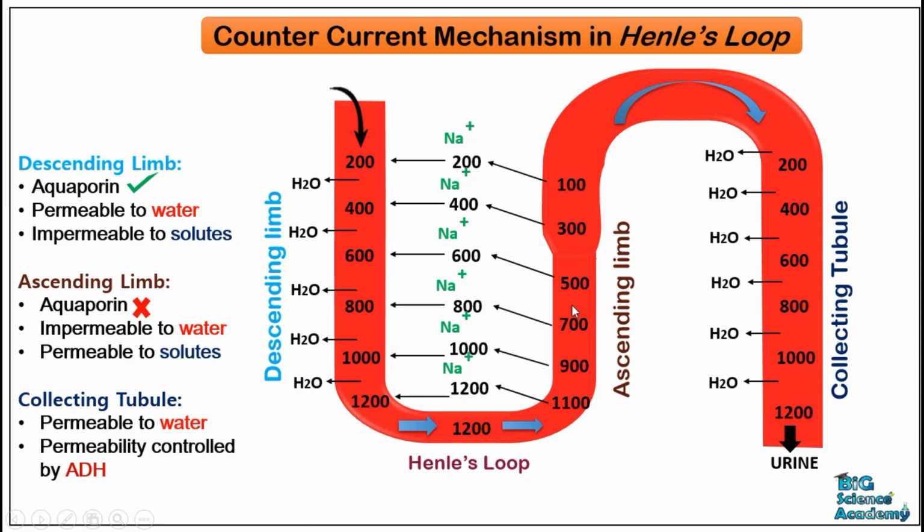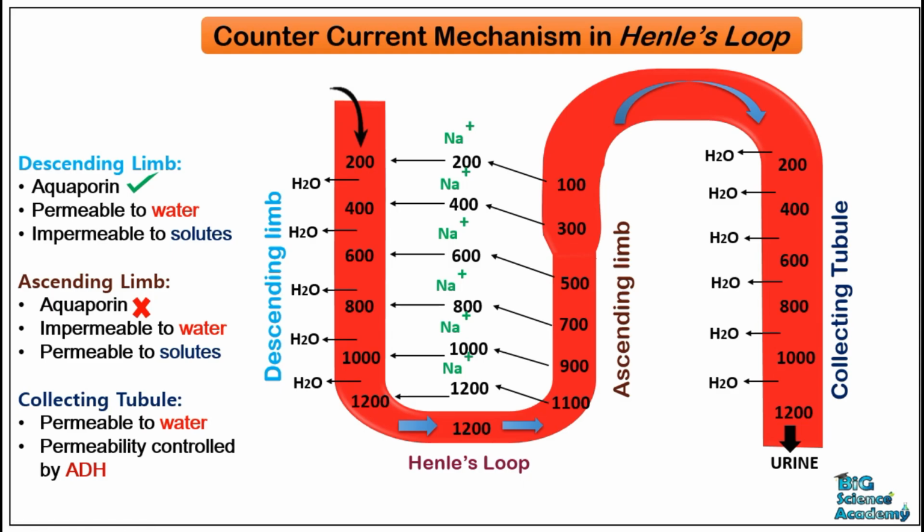But when filtrate travels through the ascending limb of the loop of Henle, due to the lack of aquaporin protein, the ascending limb is impermeable to water, but it is permeable to solutes. So solute diffuses from the ascending limb into the interstitial fluid, making the filtrate again hypotonic. And ultimately, when filtrate travels through the distal convoluted tubule and reaches the collecting tubule, we know that the collecting tubule is permeable to water, and this permeability is controlled by the ADH hormone.